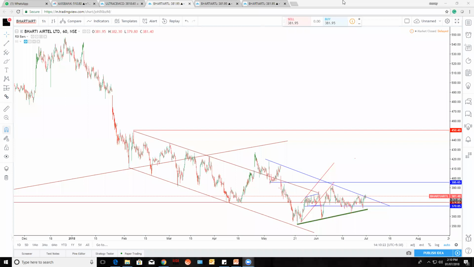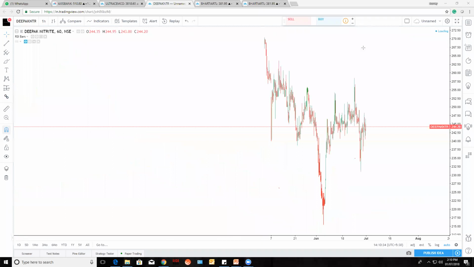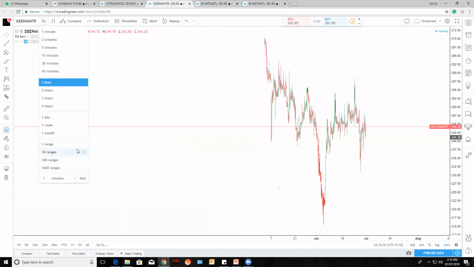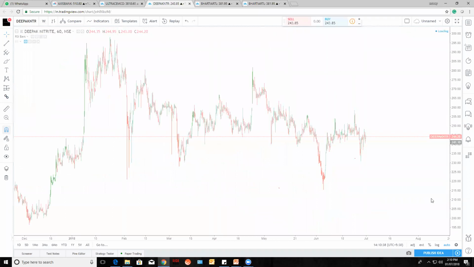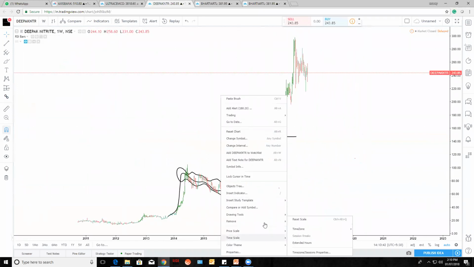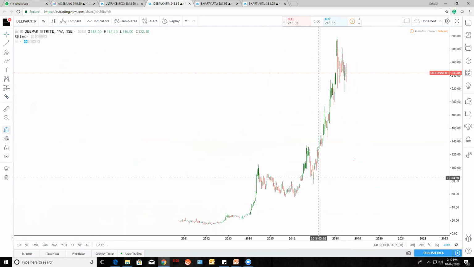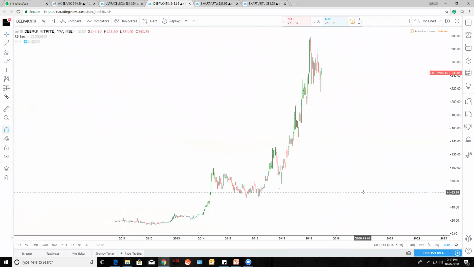Let's take an example of Deepak Nitrite.